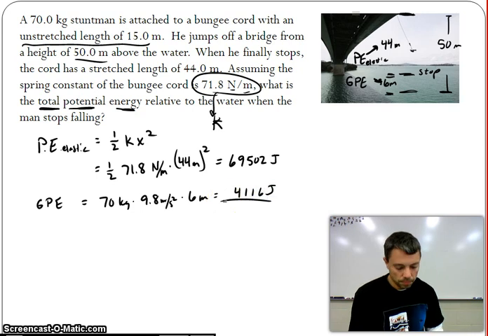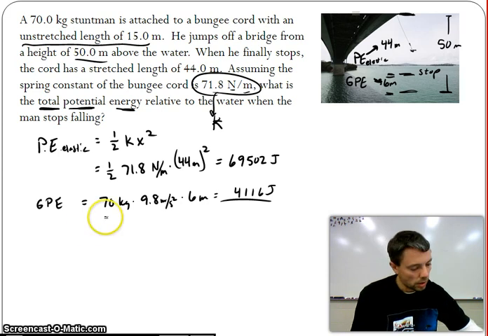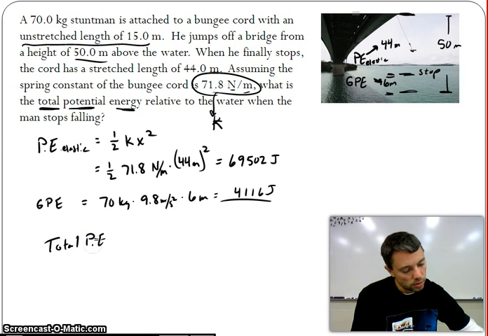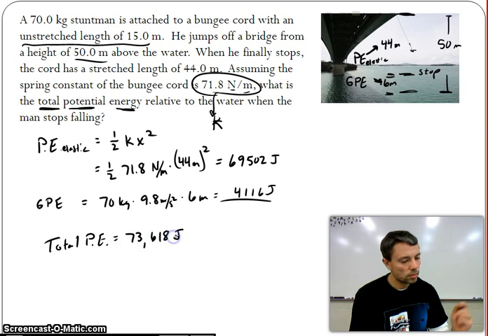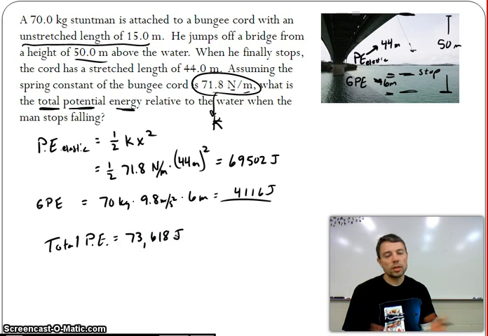I add them together, and I get my total potential energy of 73,618 joules.